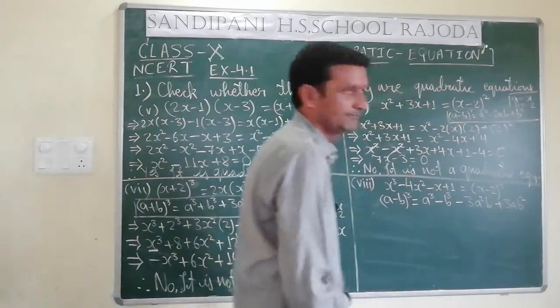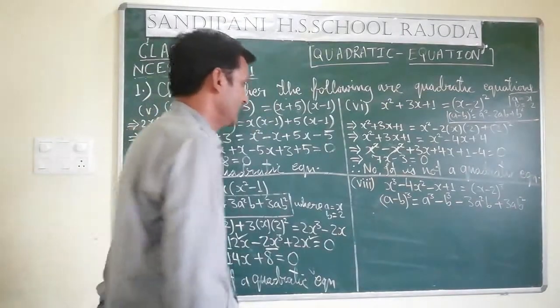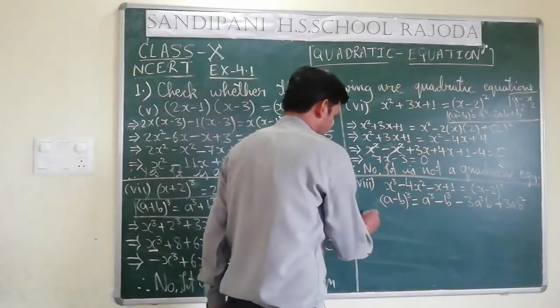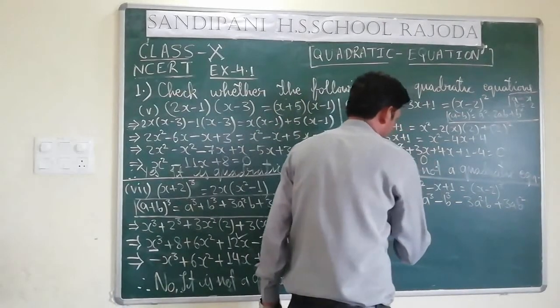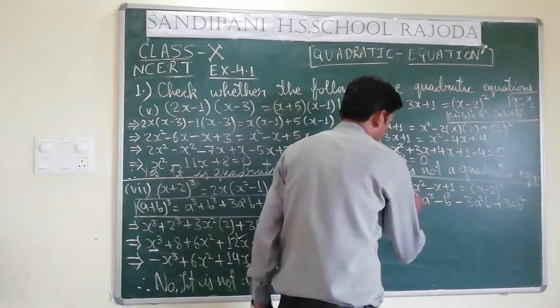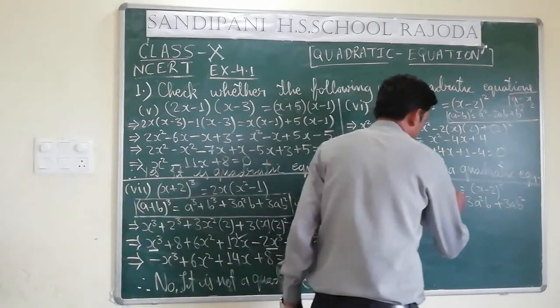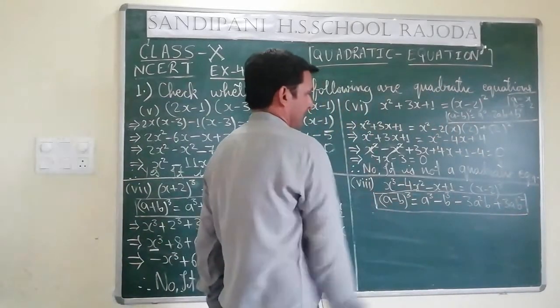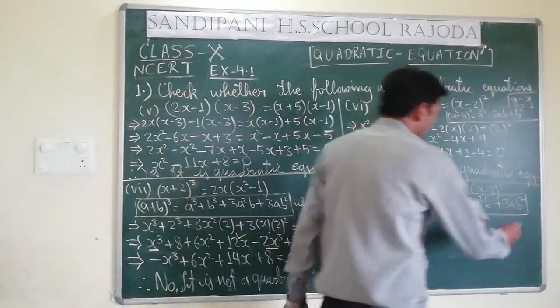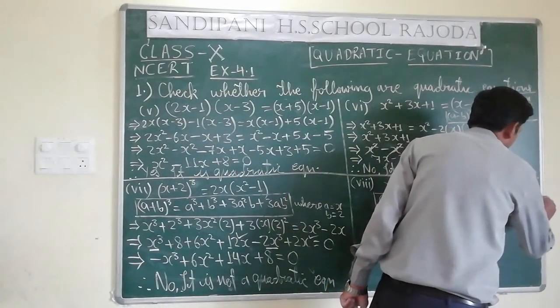This is applicable here. So this is the applied formula, where in place of a, x is there, in place of b, 2 is there.